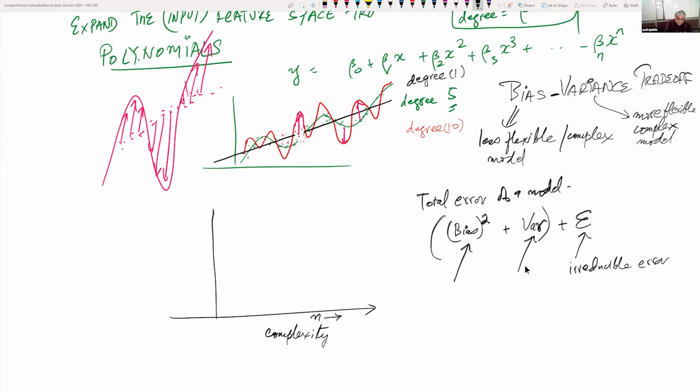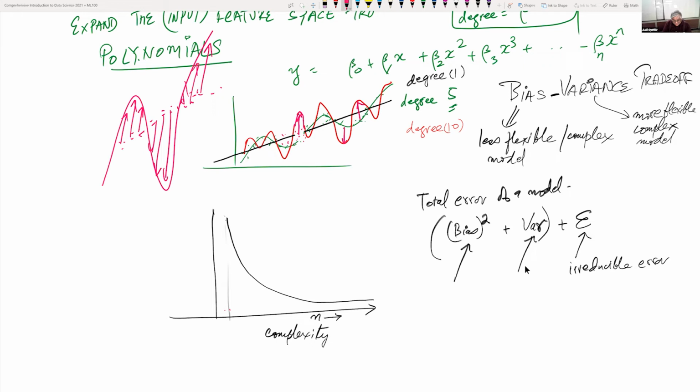The bias error will start out at n equal to 1 or whatever it is, from a maximum value, and it will go like this. The more flexible you make it, the less bias error you'll see. The variance error will be like this. In the beginning, obviously, you'll have very low variance error.